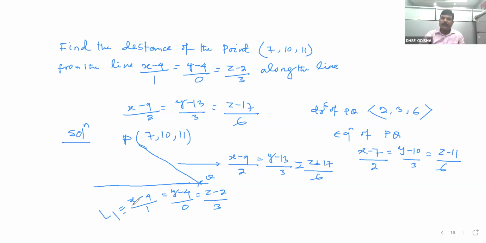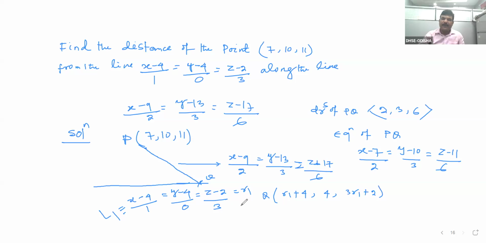Okay. So let this proportionality constant be R1. Since Q lies on the line L1, coordinates of Q are R1 plus 4, then 4, and 3R1 plus 2.